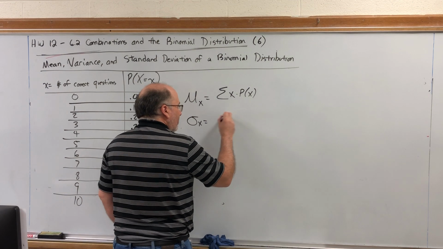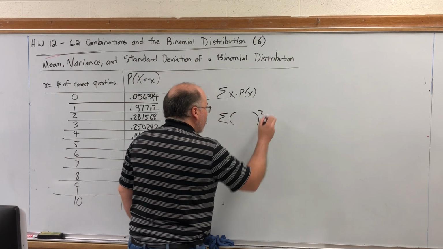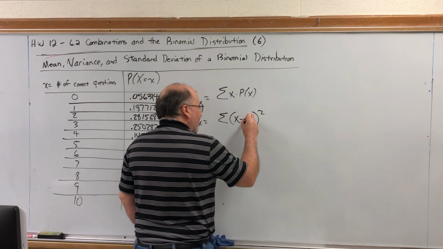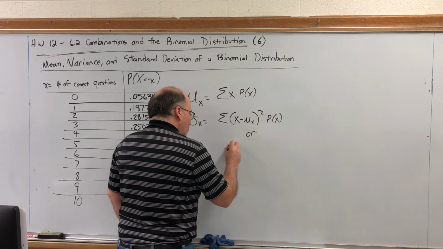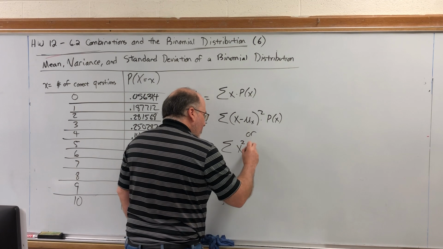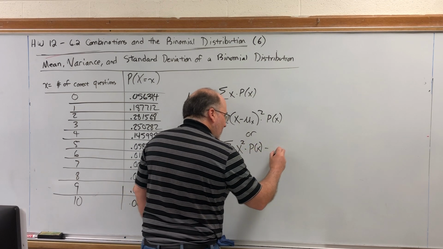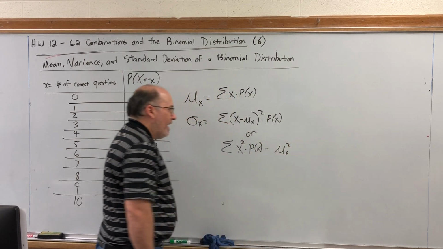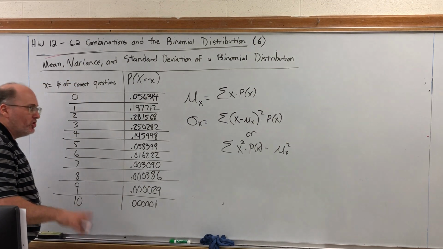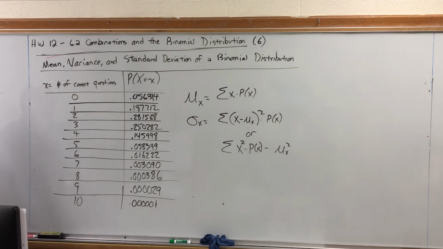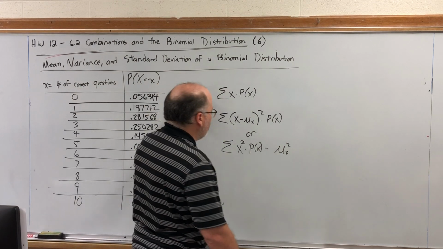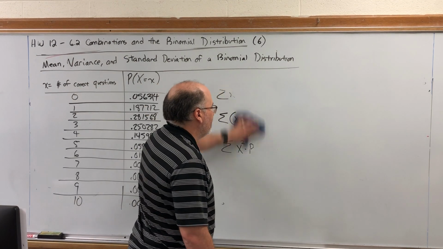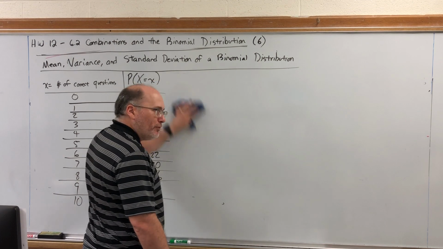One of them was the sum of the squares of each value minus the mean times the probability, or it was the sum of each value squared times its probability minus the square of the mean. And we could do both of these for this, but for a binomial distribution, a distribution for a binomial experiment, these formulas collapse down to something a lot simpler.